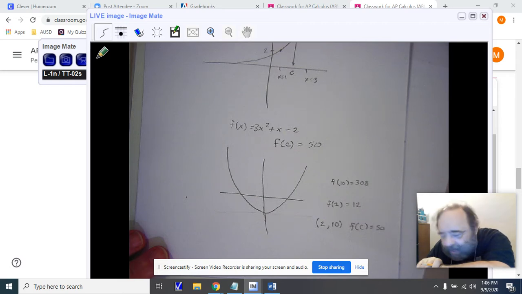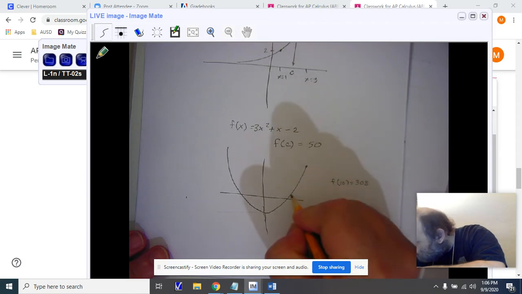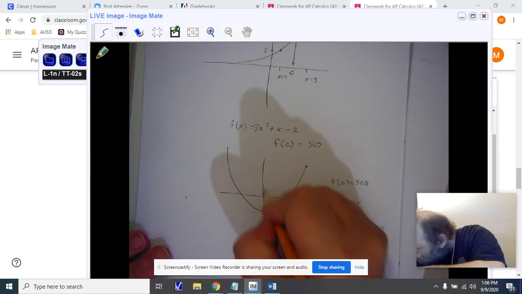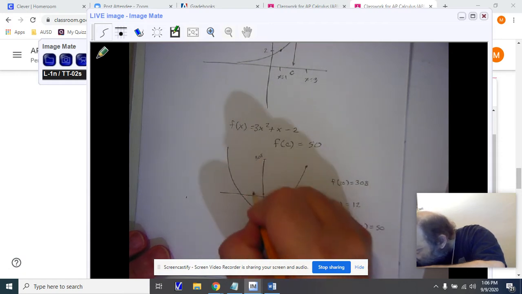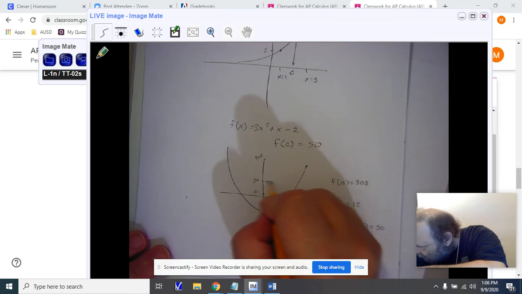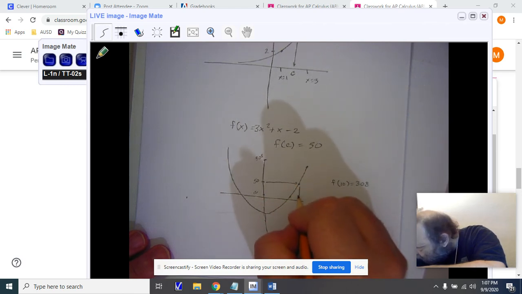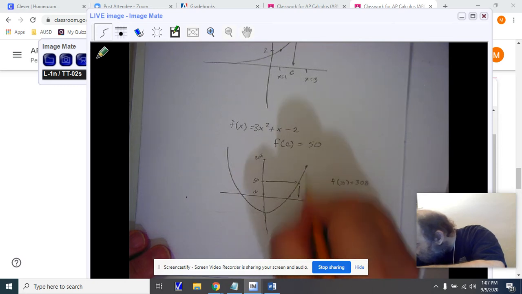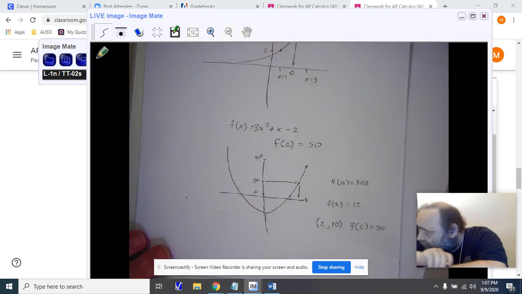Therefore, there has to be a value somewhere on this interval, because 50 is somewhere in between the 12 and the 308. And we can see graphically that there has to be a value. After all, that's the 2 and the 10.